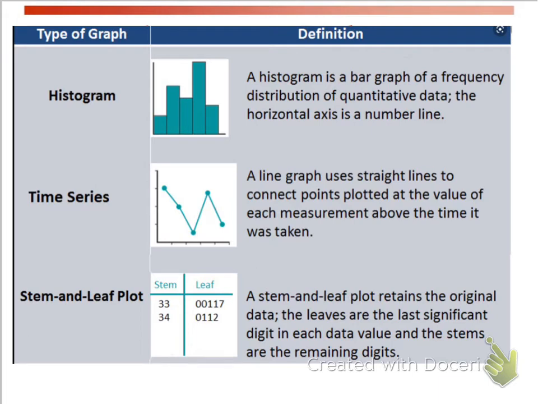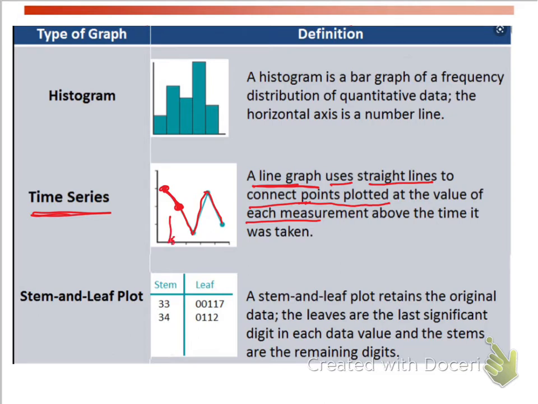Okay, so we'll come to the time series. It is a line graph because it is represented as lines. Line graphs use straight lines to connect points. I have one point, another point, which I have got the reading from the experiment or from the measurement, so I'm connecting them, connecting points plotted at the value of each measurement above the time. So I have here the time.